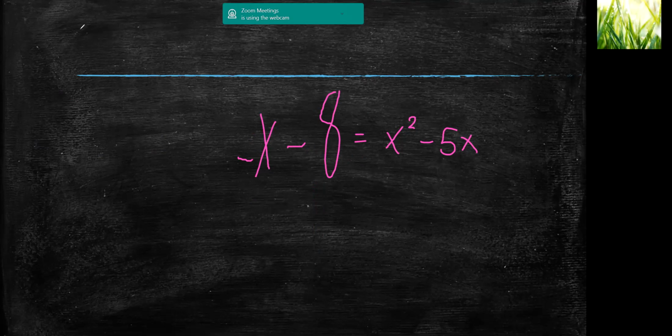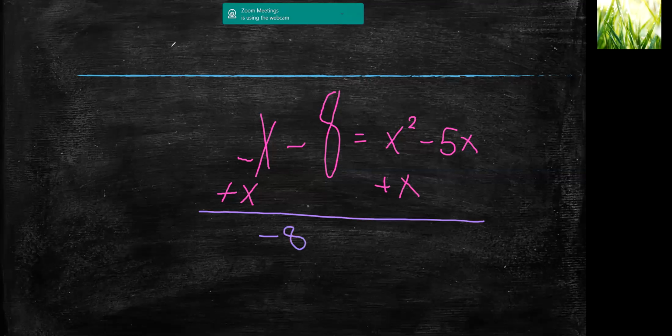So what I have to do, I will isolate the variables on one side and the 0 on the other side. Here we have negative x, so plus x on both sides. What did we have? We have negative x minus 8 equals x squared minus 5x, plus x. Then after that, did I finish?